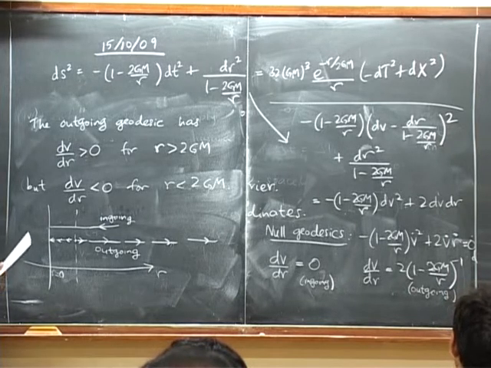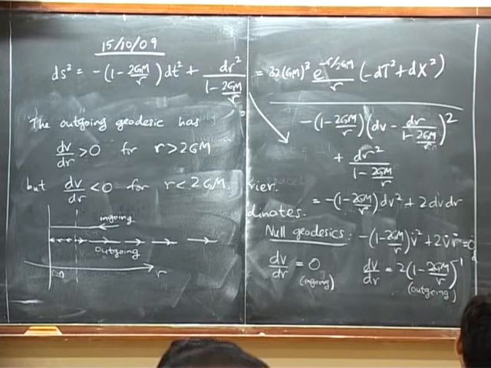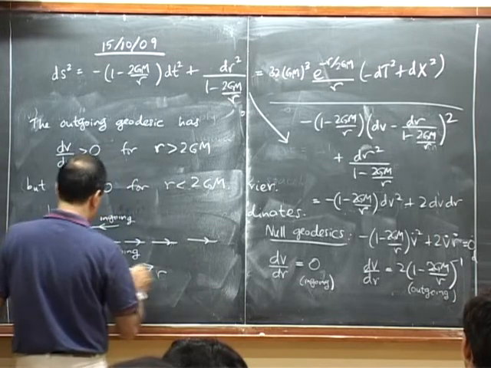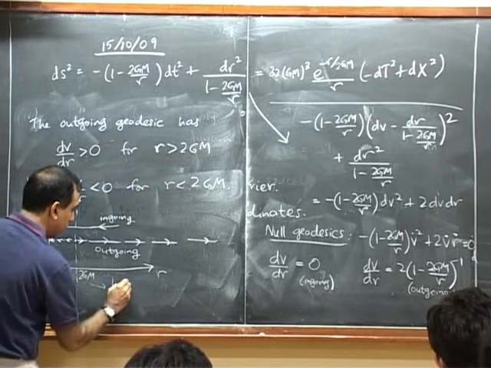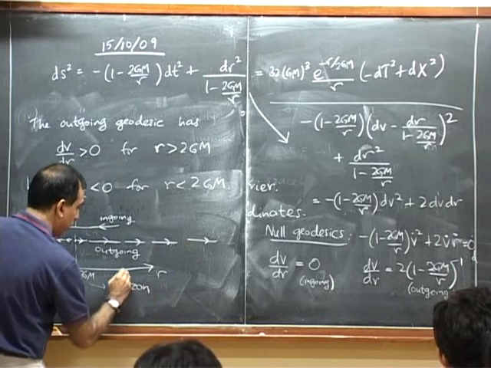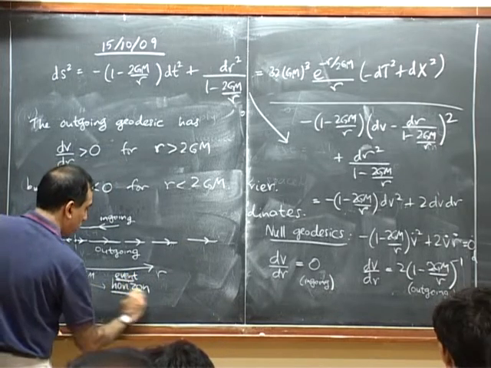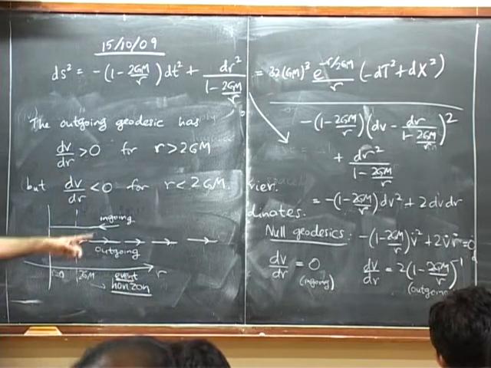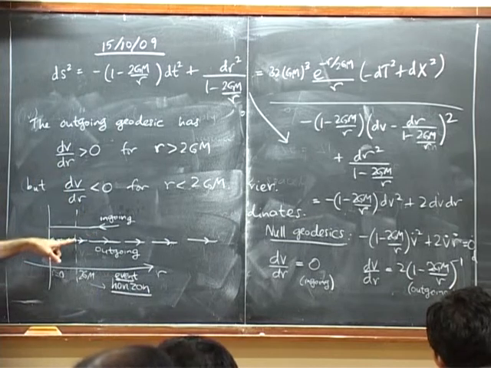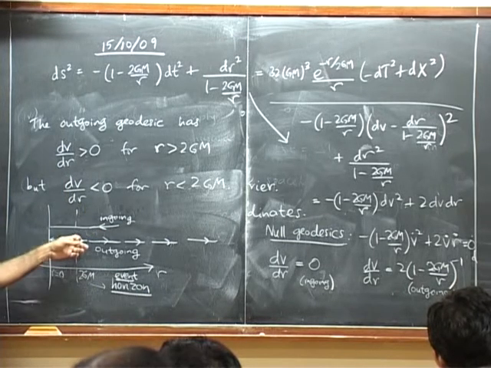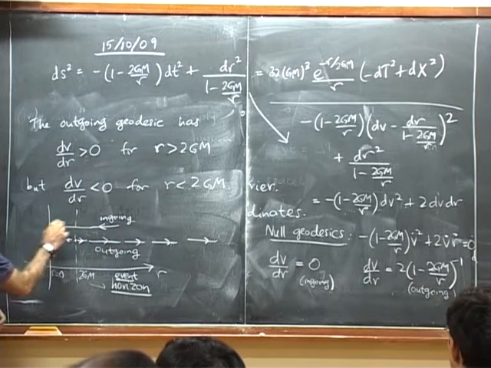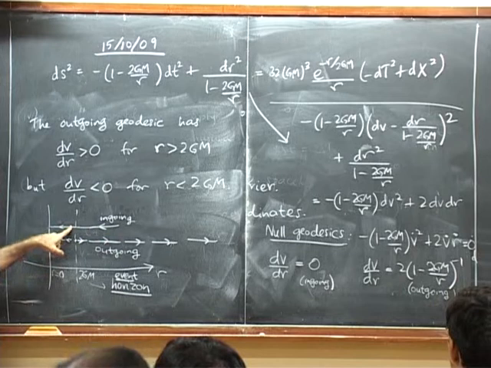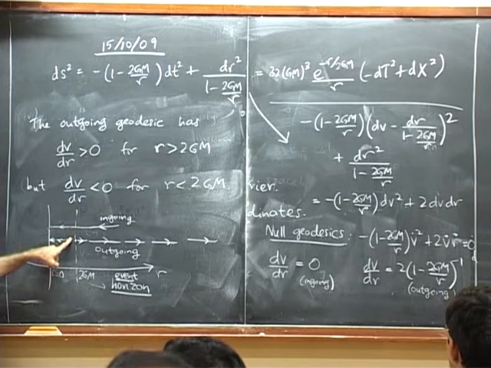Okay. Good. So now for the first time we have the right to refer to r equals 2GM as a horizon. Event horizon. Technical name. Because although nothing singular happens to a person passing through at the moment that they pass through, what they don't know is that if they were going on an ingoing geodesic, they may imagine that over here they will make a decision to switch to the outgoing geodesic and they'll discover that there isn't one anymore.